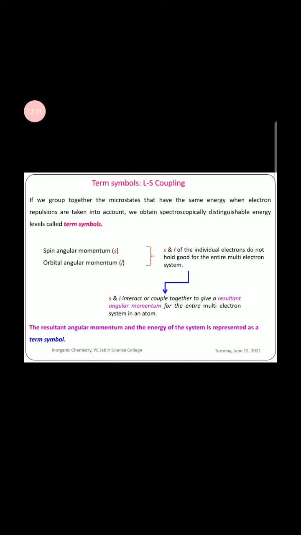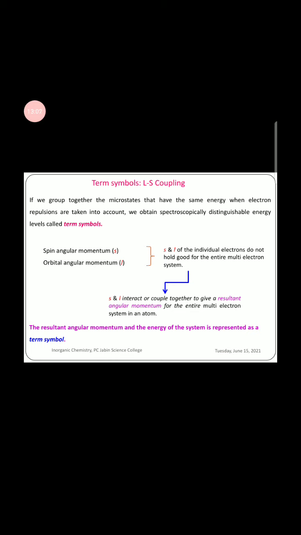Here, in term symbols, we are studying LS coupling. If we group together the microstates that have the same energy when electron repulsions are taken into account, we obtain spectroscopically distinguishable energy levels called term symbols. Spin angular momentum is represented as S, and orbital angular momentum is represented as L. S and L of the individual electrons do not hold good for the entire multi-electron system.